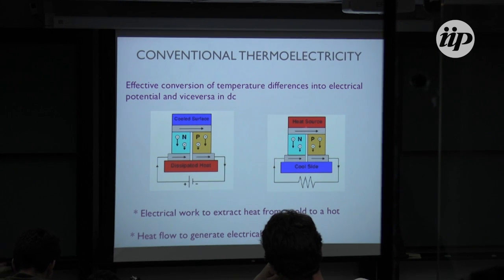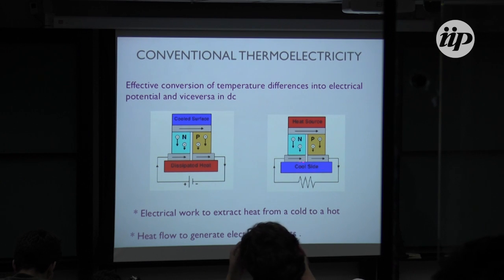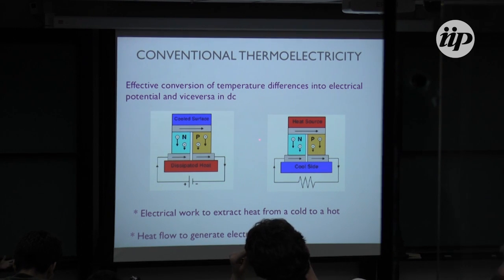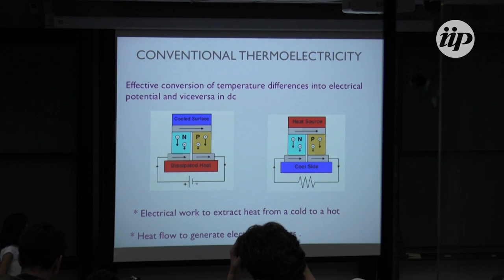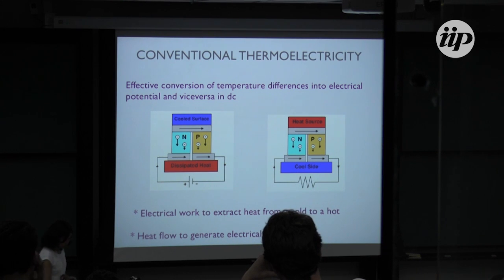And the other way around, we have a heat engine in which we have the heat flow from the hot source to the cold source to produce electricity, to produce electrical work. So this is the typical thermoelectrical setup, and this operates in DC. I mean, all these currents and voltages are purely continuous.